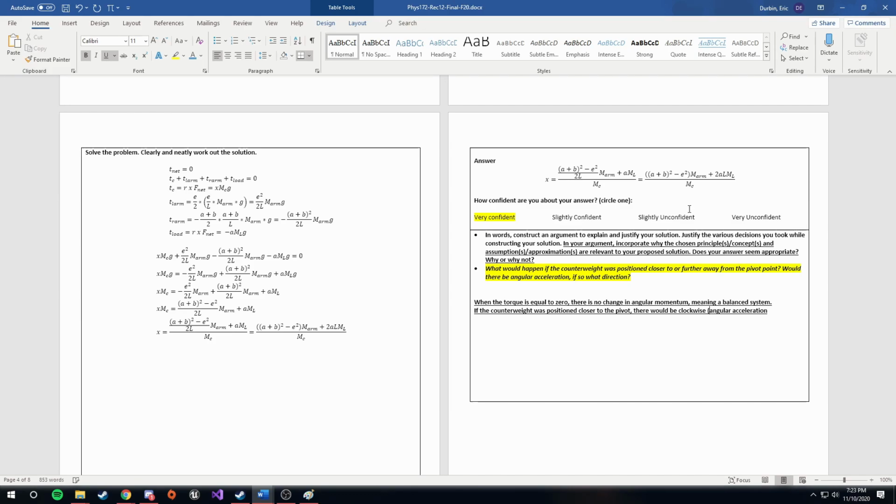So if it's further, it's gonna tilt to the left, and if it's closer, it's gonna tilt to the right. Yes. Okay.